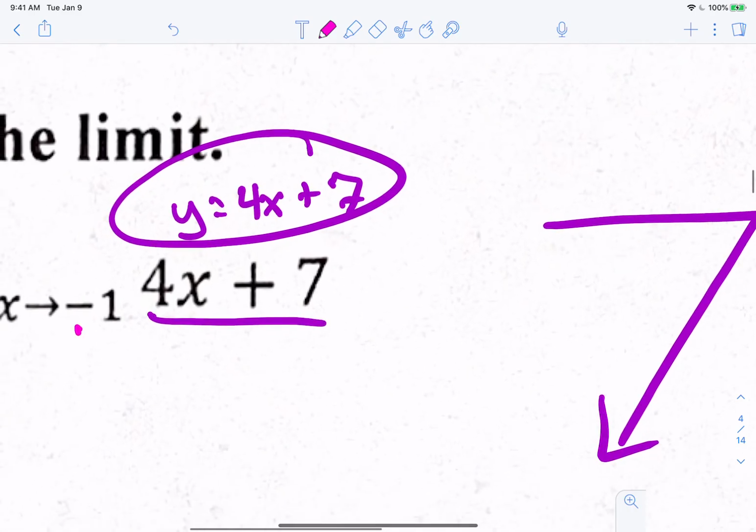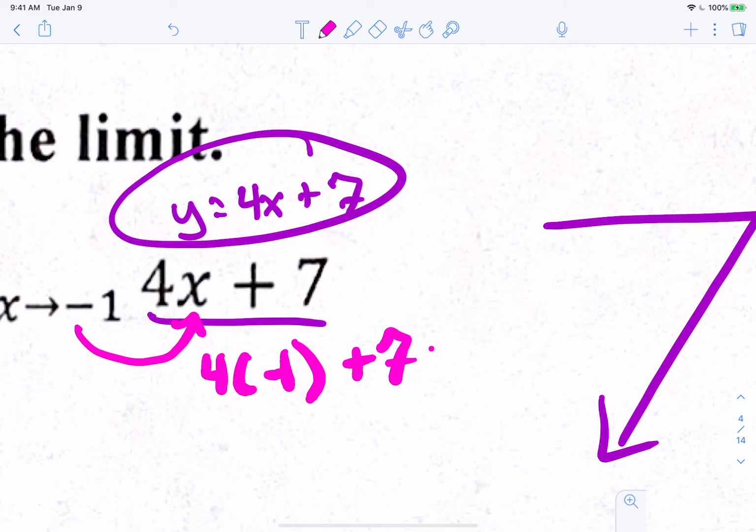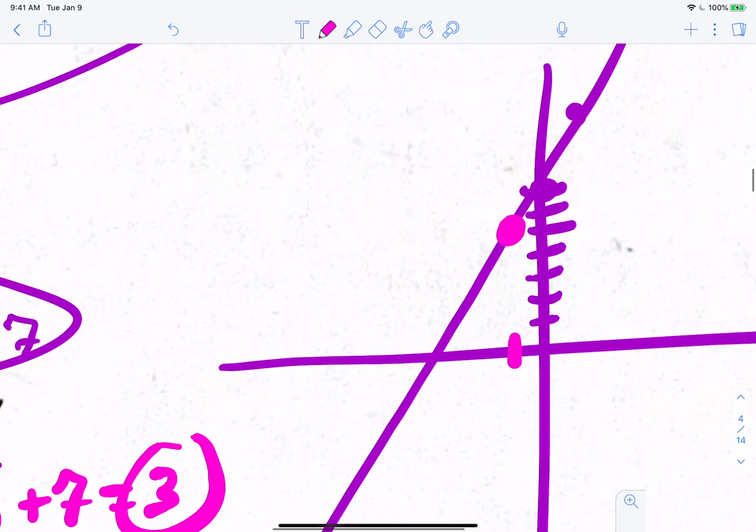I might as well just plug negative 1 into the dang equation, right? There's not a hole, I can plug it in. There's no undefined, no division by 0. So 4 times negative 1 plus 7 is 3. On the left side and on the right side, is he approaching a y coordinate of 3? Yes. So when you can plug it in, when you do not have any problems, just plug the darn thing in. You don't even have to look at the graph.